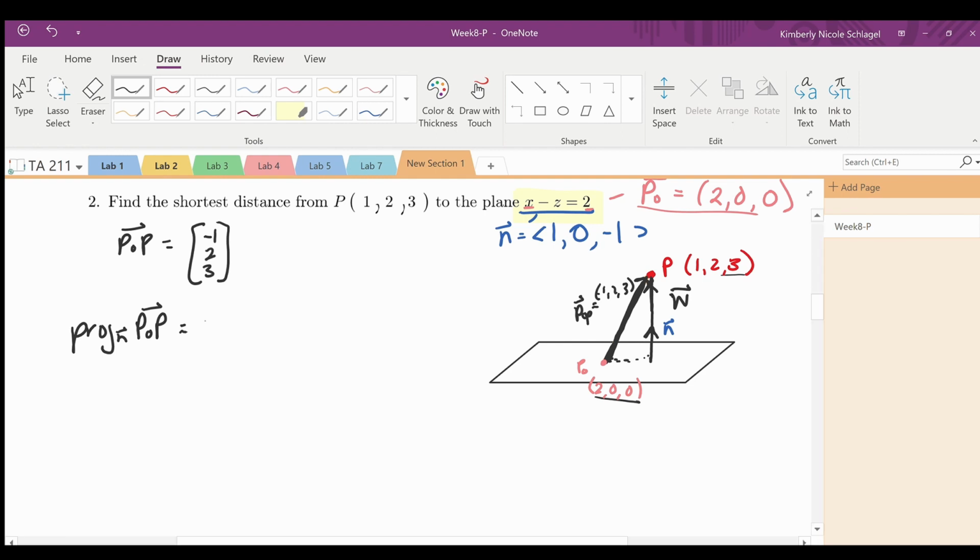So we take P0P dot product with N, over the length of N squared, times our N vector.